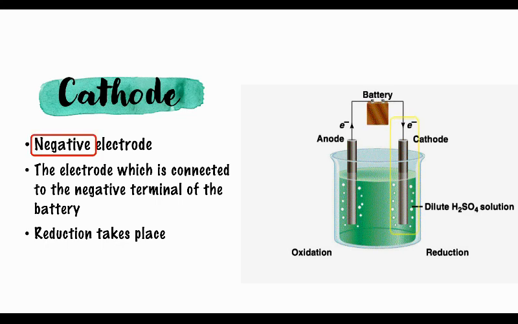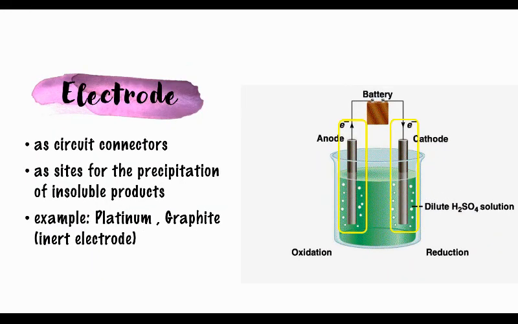Cathode is the negative electrode, which is connected to the negative terminal of the battery. It is where the reduction reaction takes place. Both anode and cathode are electrodes that act as circuit connectors.